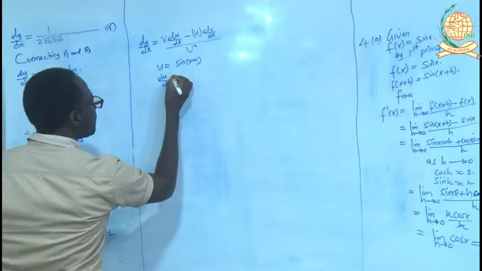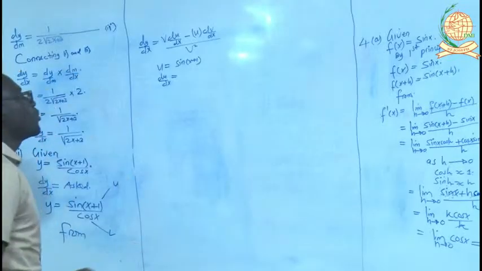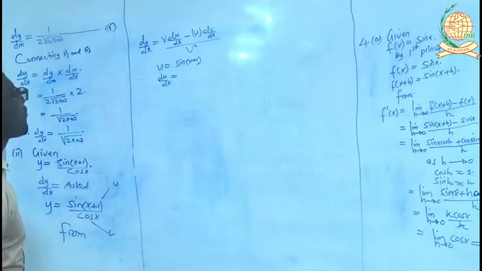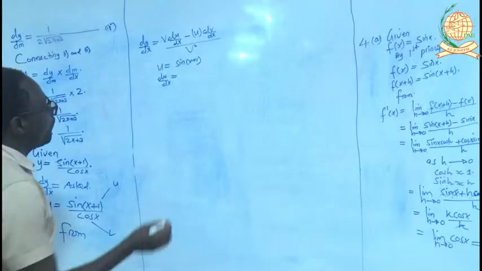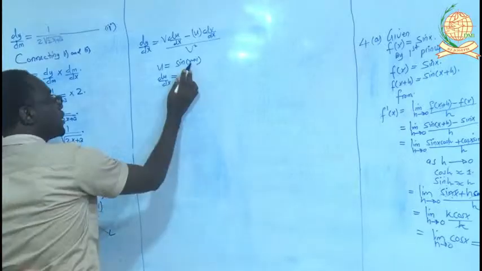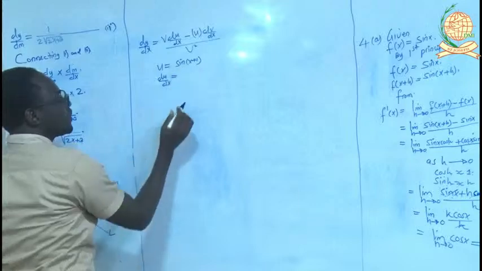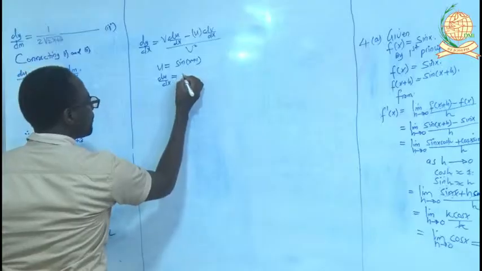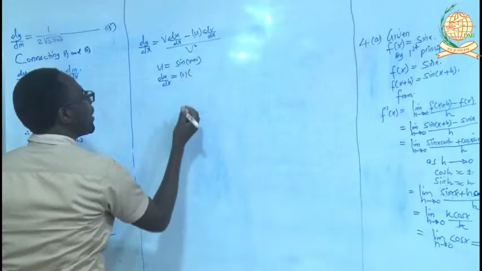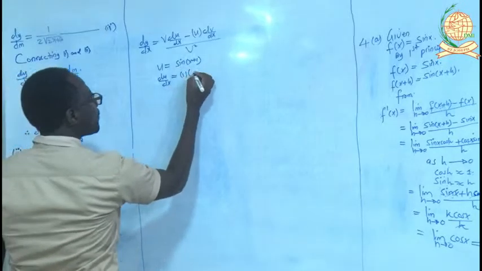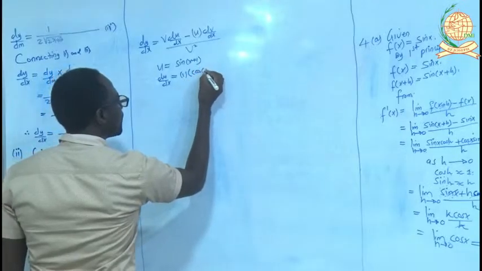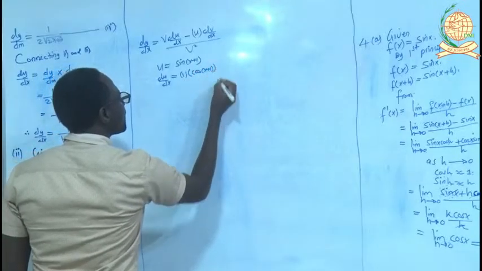Du dx will be equal to, for this case, first differentiate the function x plus 1. If you differentiate, you get 1. So you write 1 here, times by the derivative of sine, which is cos. So cos of the given function, x plus 1.